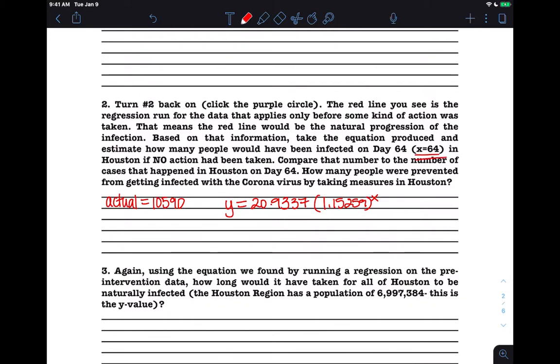So I can type this into my calculator to find out what it is.